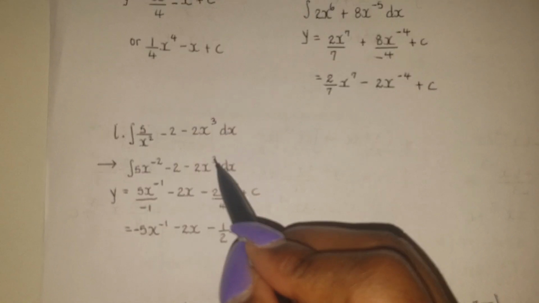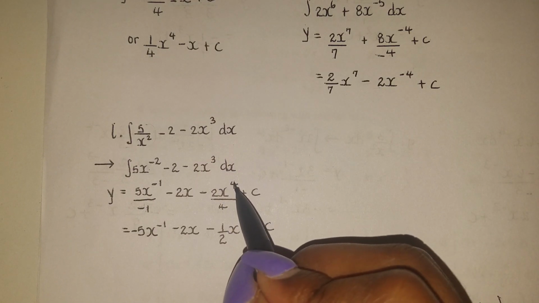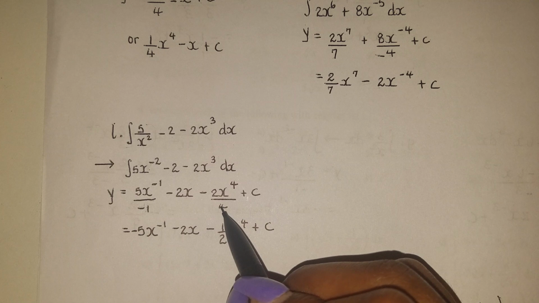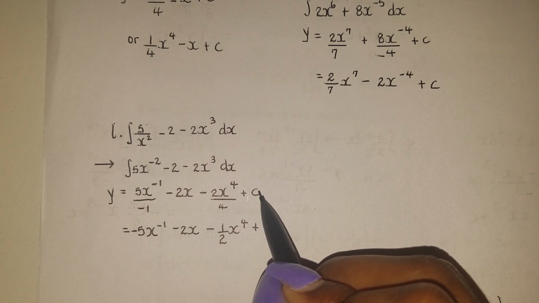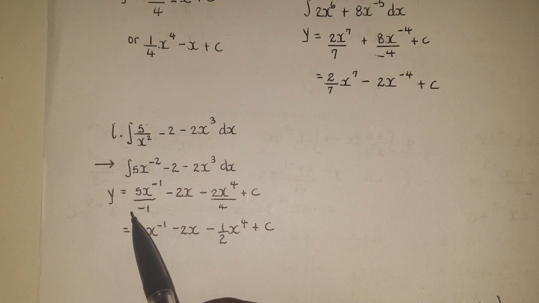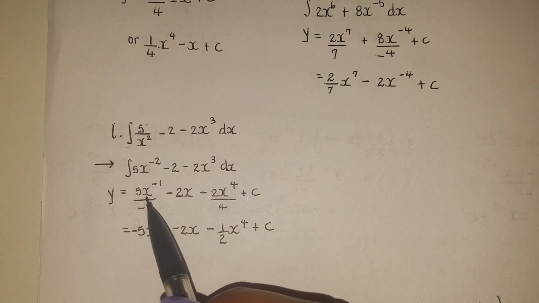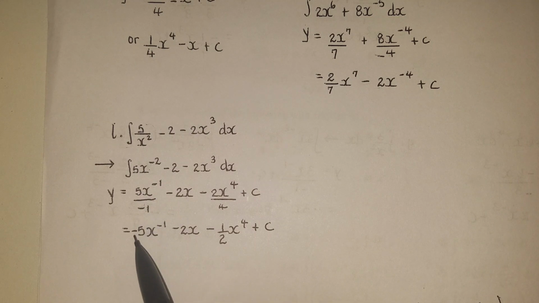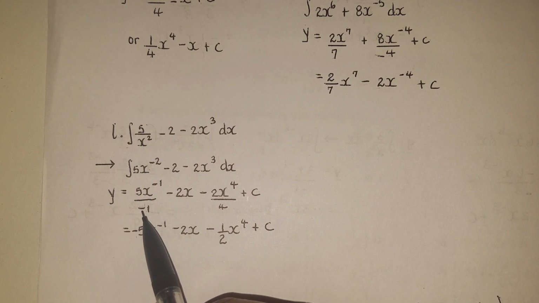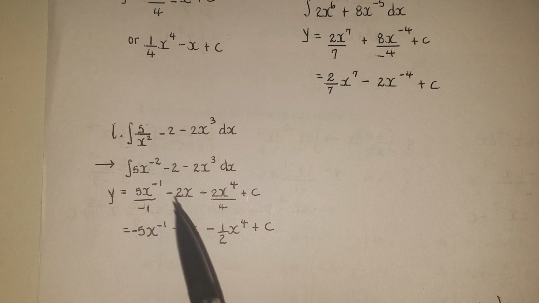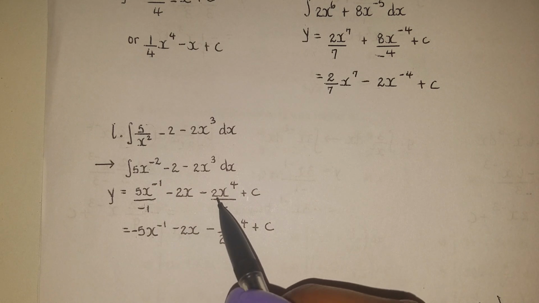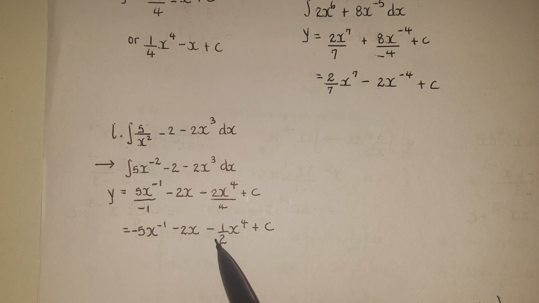If I add 1 to the power here, 3 plus 1 is 4, and I divide by that 4. Plus c goes at the end. So my y equation can now be rewritten as minus 5, because a 5 divided by a negative 1 is a minus 5. So once more, minus 5 x raised to the negative 1 minus 2x, and if I simplify 2 over 4, I get half x raised to the 4 plus c.